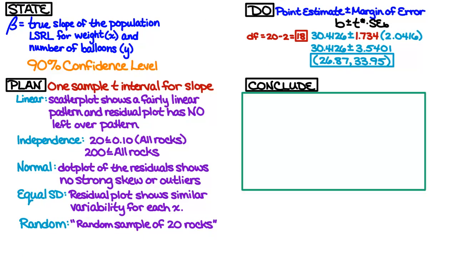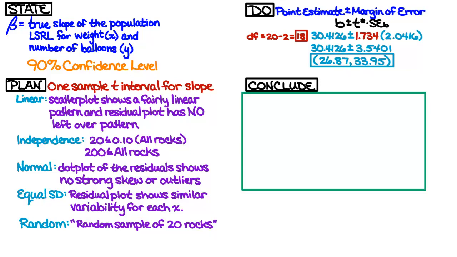What would the conclusion look like? We are 90% confident that the interval 26.87 to 33.95. What units should we put with this?